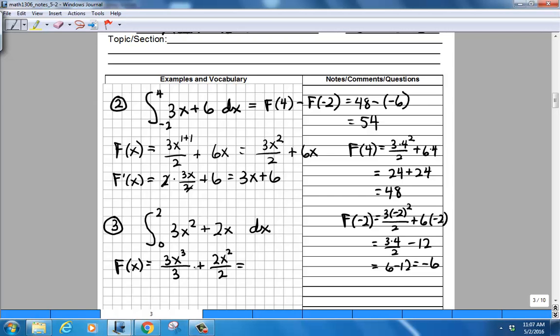This one works out really nicely because the coefficients divide out. So you end up with just x cubed plus x squared as your antiderivative. Cool.